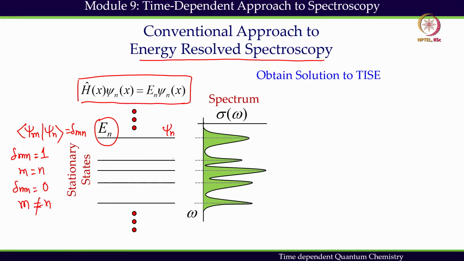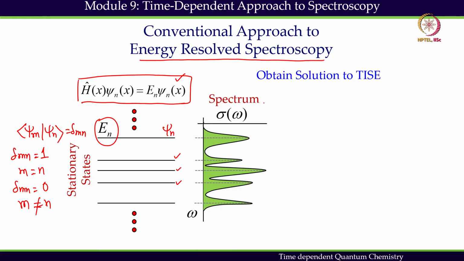So, each state, which is a solution to the TDSE, is actually orthonormal. The solution provides the spectrum, a structure featuring where the energy states are.